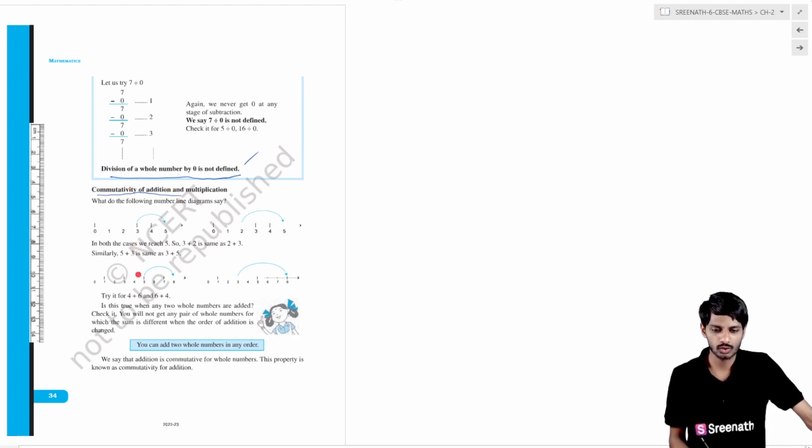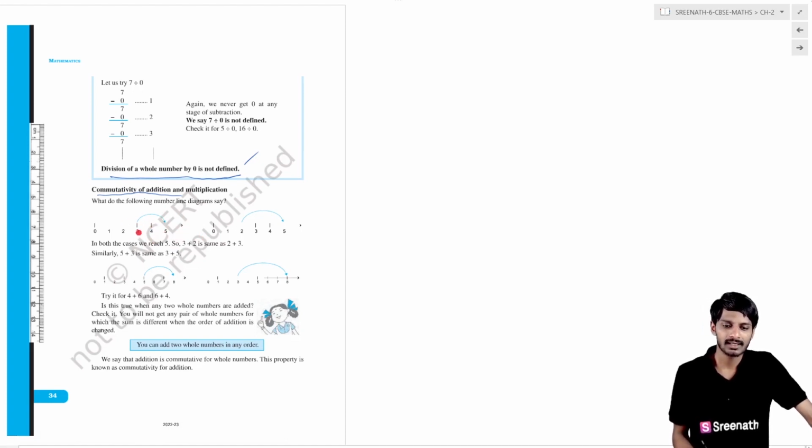What you have to do is try to do additions on the number line, or otherwise simply normal addition. Suppose you add 3 to 2, what is the answer? The answer is 5. And if you add 2 to 3, in this case also the answer is 5.